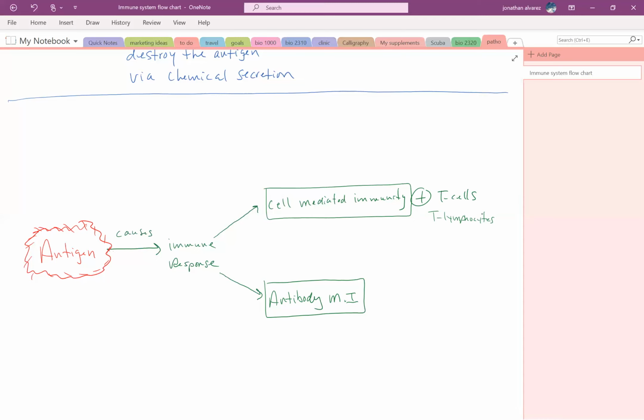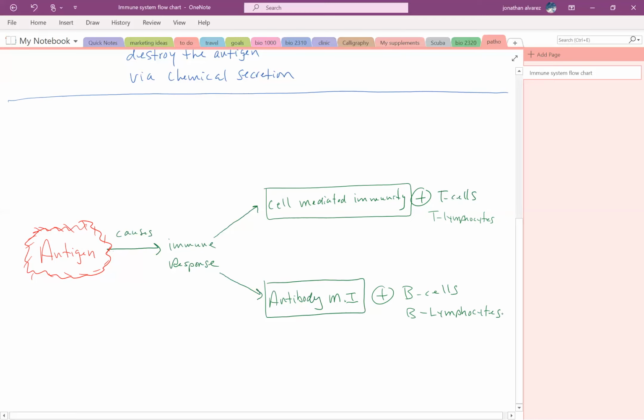And the antibody-mediated immunity, this activates the B cells, also known as B lymphocytes. So if you ever read this stuff or you see it on a test question or boards, T cells and B cells have those AKAs.